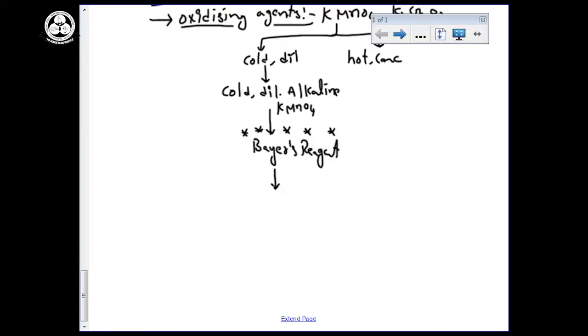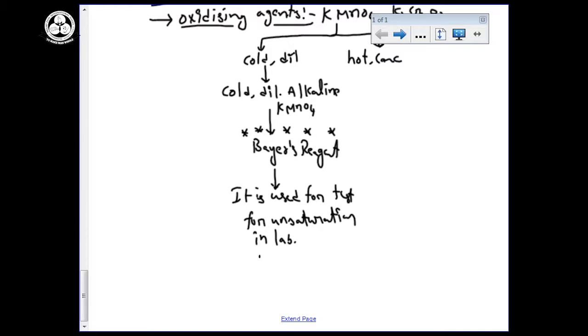Bayer's reagent is used for the test for unsaturation in the lab. So majorly two reagents we use for the test for unsaturation in the lab.